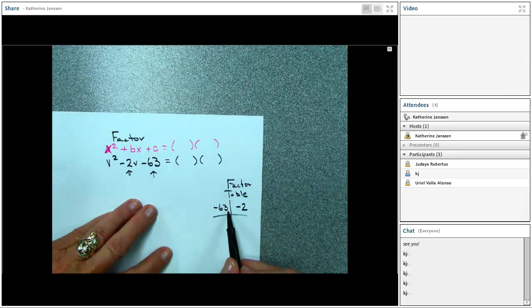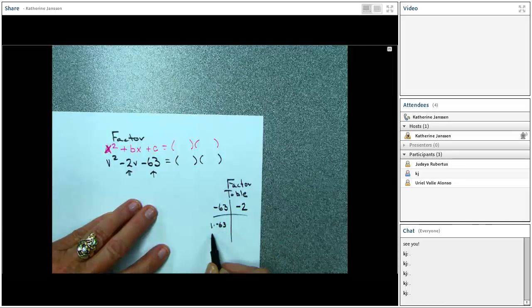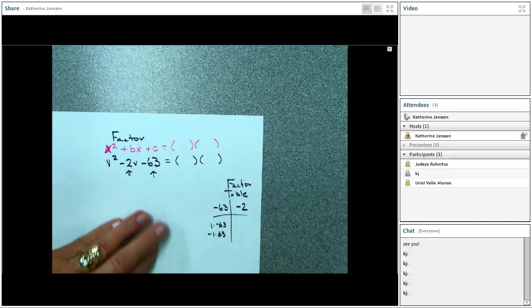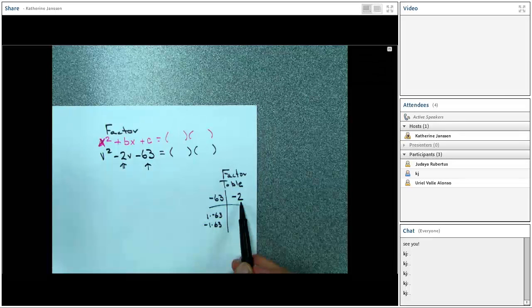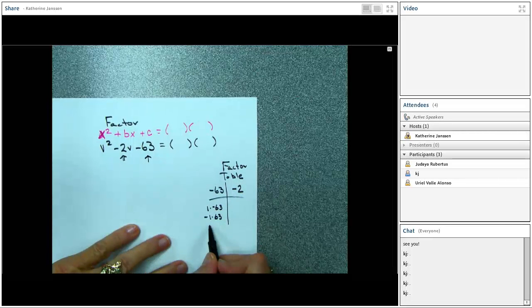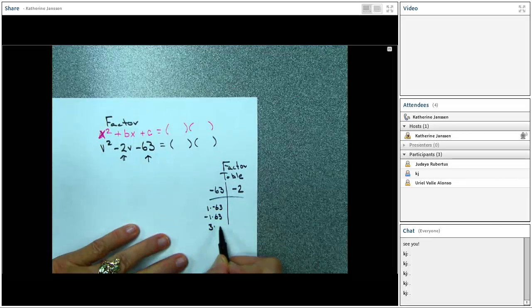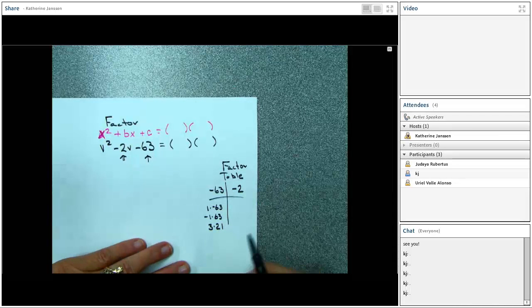Factor pairs of negative 63 would be 1 times the negative 63, negative 1 times 63. But when I add those together, I'm quite a ways from negative 2. Let's see, 3 times 21.